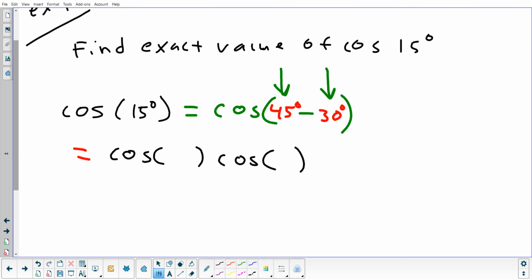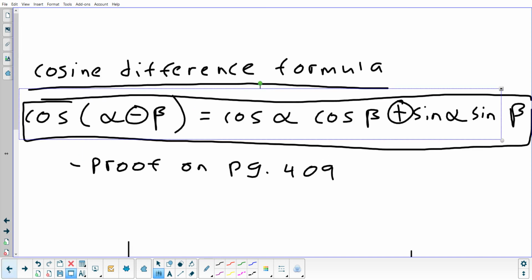Cosine, cosine, sine, sine, and what goes between them again? A plus or a minus? Yep, plus. And now fill in all your angles. Alpha, beta, alpha, beta. So it's going to be 45, 30, 45, 30.